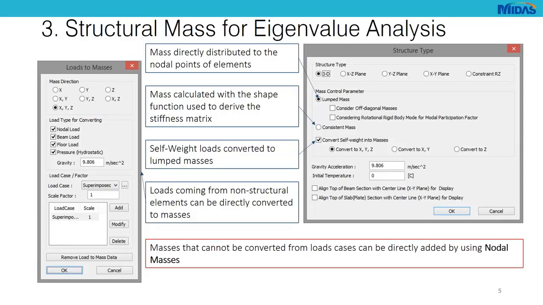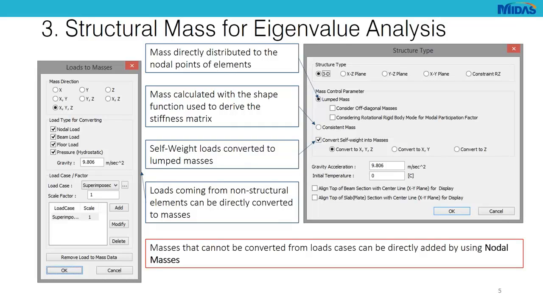So we will have a diagonal matrix of the masses with the mass lumped at node level. The other way of considering mass is by using a so-called consistent mass. The mass matrix in this case has a form similar to that of the stiffness matrix. The mass is considered to run along the elements that are found between nodes.